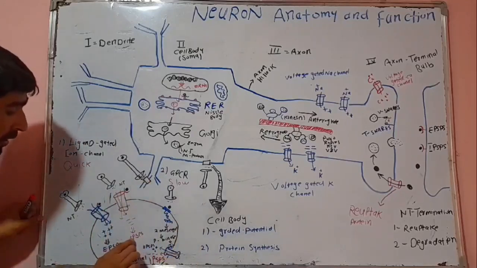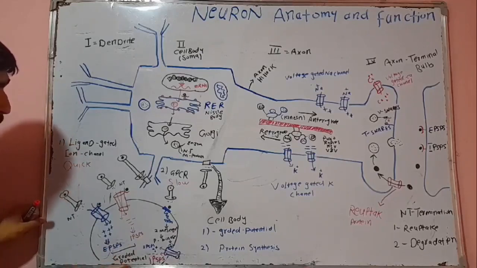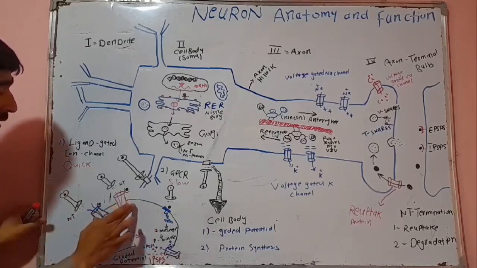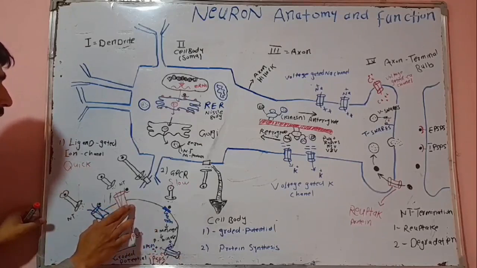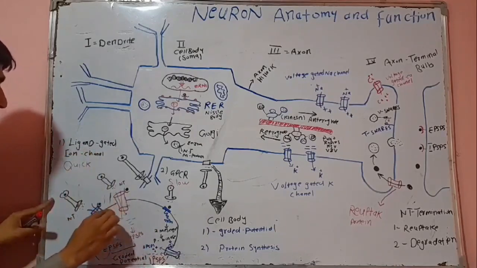The combination of inhibitory post-synaptic potential and excitatory post-synaptic potential is called graded potential. So graded potential may be inhibitory postsynaptic potential or excitatory postsynaptic potential. These two channels are ligand-gated ion channels, inhibitory or excitatory.